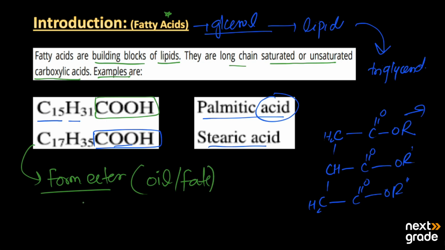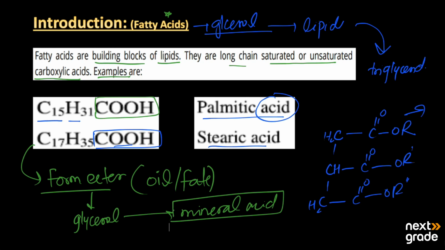They make esters with glycerol, and all this happens in the presence of mineral acids, such as HCl or sulfuric acid. So the formation of the lipids takes place in the presence of mineral acid, and they are mainly esters of two types, oil and fat.